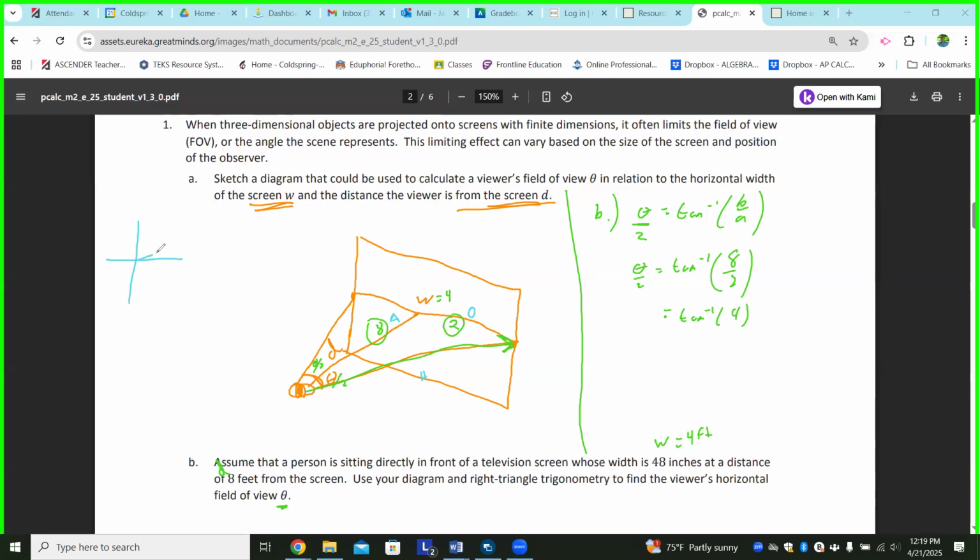Correct. In this situation, we want this angle. So that would be your change in Y would be the 2, and the change in the X would be the 8, using the dimensions here.